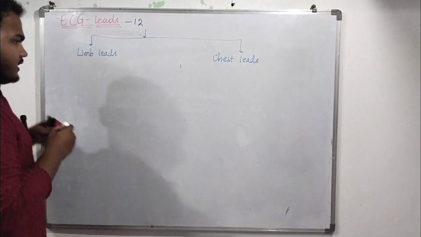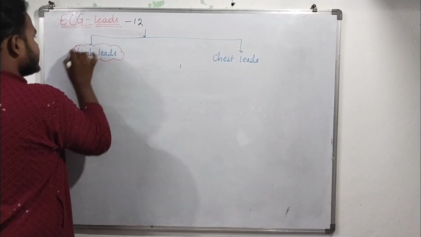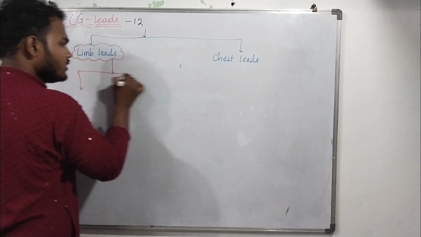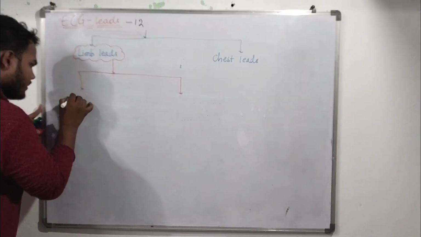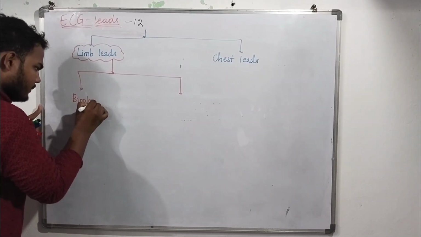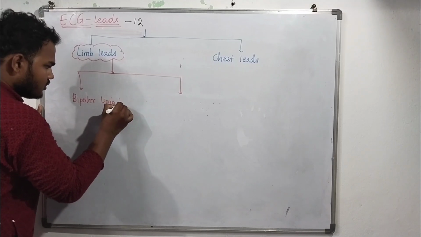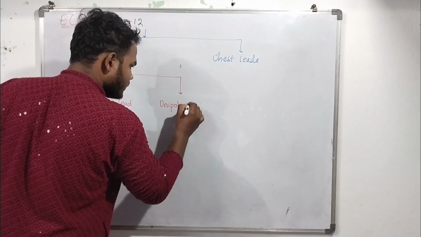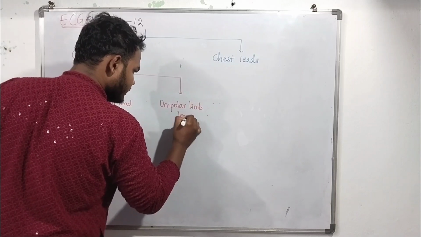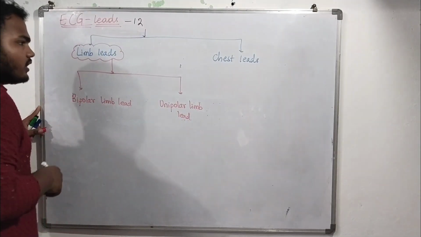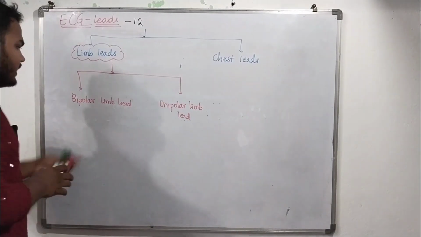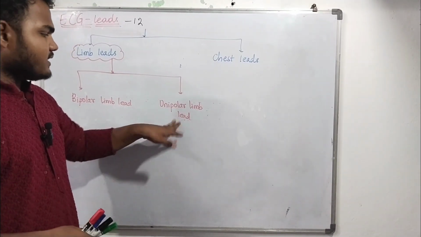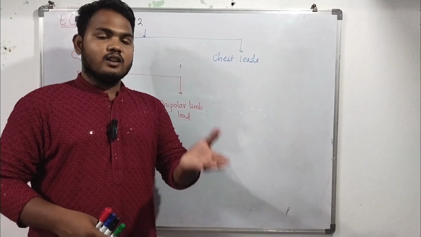Limb leads are again divisible into two main components: bipolar limb leads and unipolar limb leads. The unipolar limb lead is also known as augmented vectors.